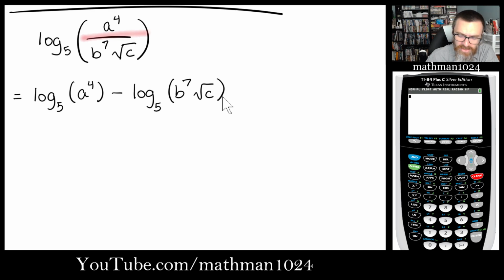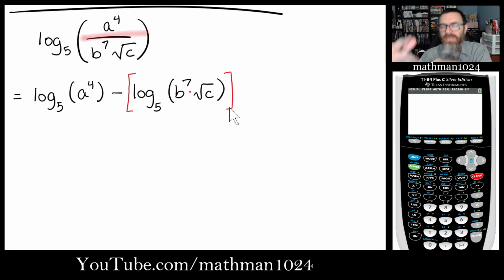Well, in the second part, we see that we have multiplication, so we know we're going to have to break that guy up. The thing to be very careful about is the fact that there's subtraction in front of all of this. So it's helpful if I put this guy in brackets, just to make sure I understand that I've got to break up that logarithm, and then I apply the negative.